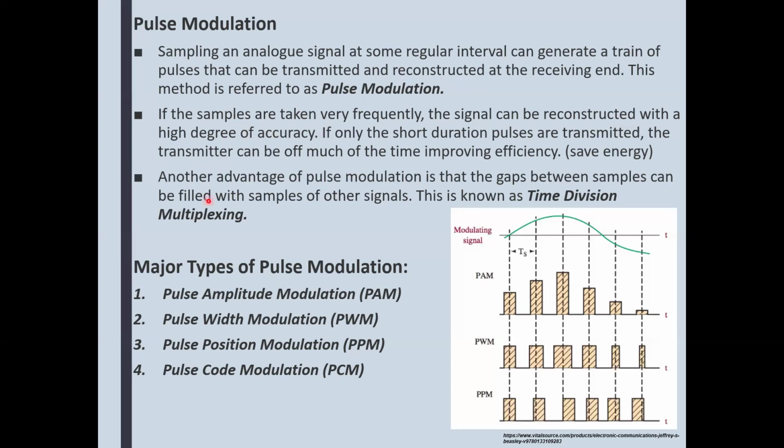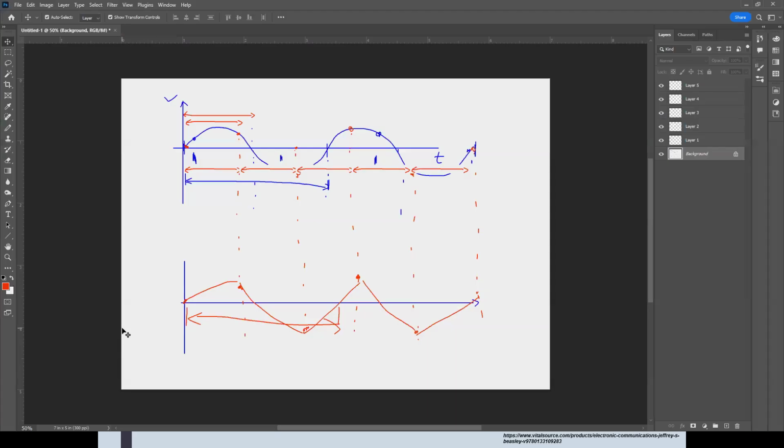All right, let's go back to that board here. Remember, if we took the samples at less than half of the frequency, and then when it comes to an audio signal, either human voice or music or whatnot, there are other frequencies and there are harmonics present.